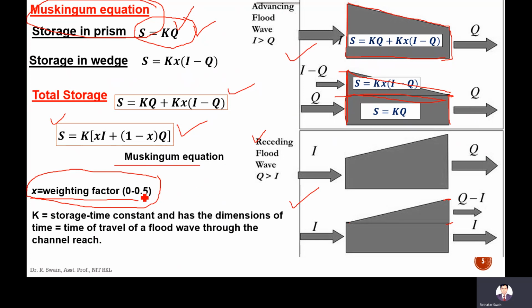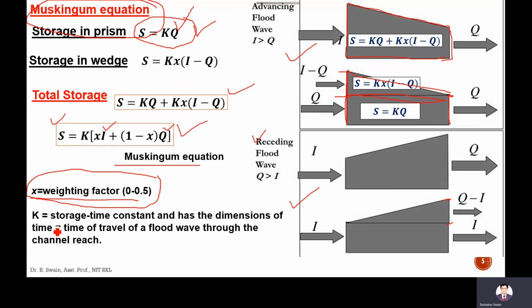If we consider 0.5, then there is weightage of inflow and outflow 50-50%, equal weightage of inflow and outflow. If we consider 0, there is no weightage of inflow, only the storage depends upon the outflow.